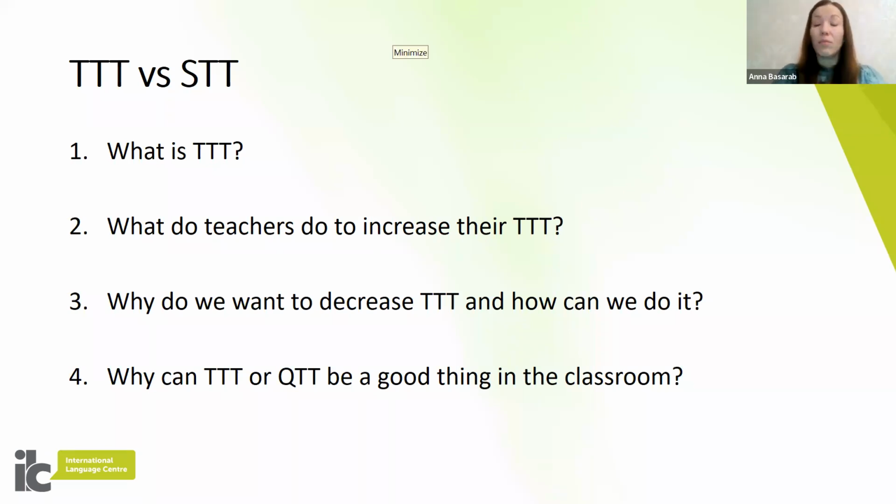Basically, we increase the time to speak. So how can we do it? We give short and clear instructions. We include pair work, we include group work. We may even provide our students with answers so they can peer check, and then ask you the questions.